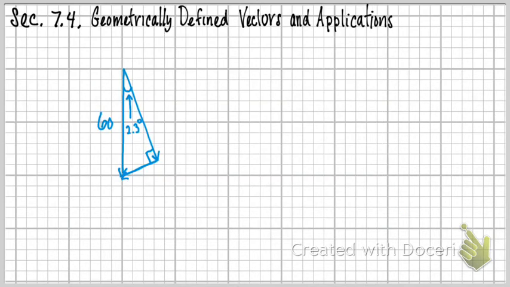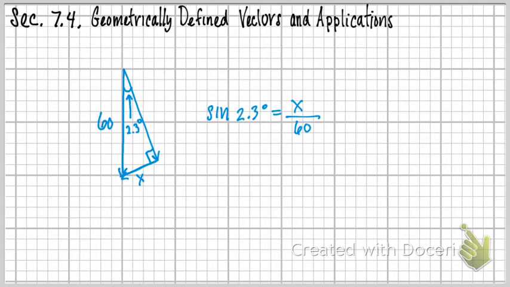Okay, and if I wanted to find out what this side was here, all I would have to think about is the sine of 2.3 degrees, and that's going to equal opposite over hypotenuse, which is 60 tons. Sorry for my bad language.